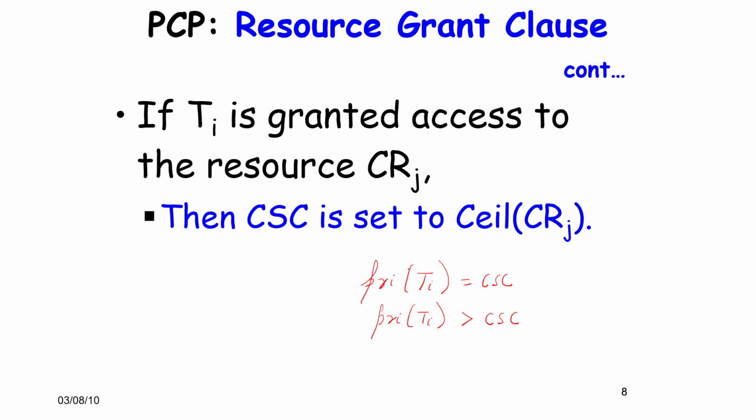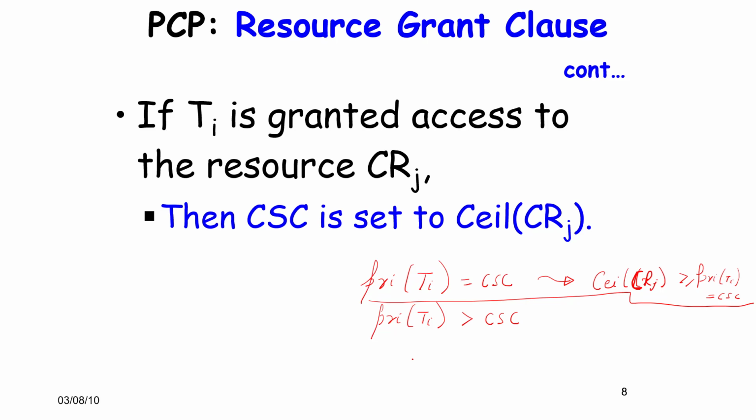So in any case, when Ti is getting access to Crj, if it is the first condition, then what we know is that the ceiling of Crj, by definition, will be greater than or equal to the priority of Ti, which in this case is equal to CSC. So basically, it will be greater than or equal to the current system ceiling. So this is the first case.